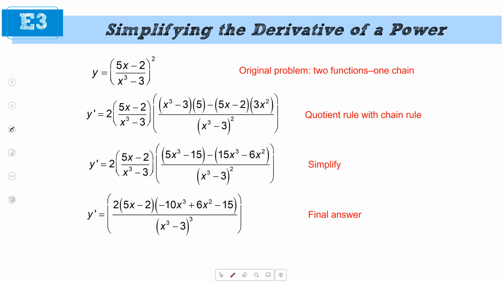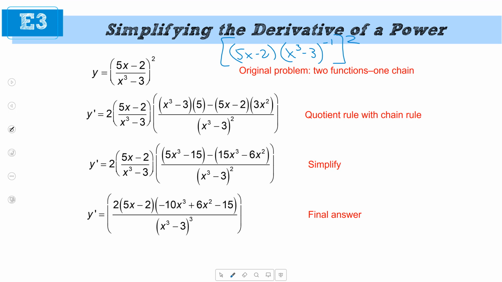Now, I want to go back to the very beginning of the problem. As I mentioned earlier, I don't like quotient rule. So I could rewrite this problem as the following. So what's going on there?